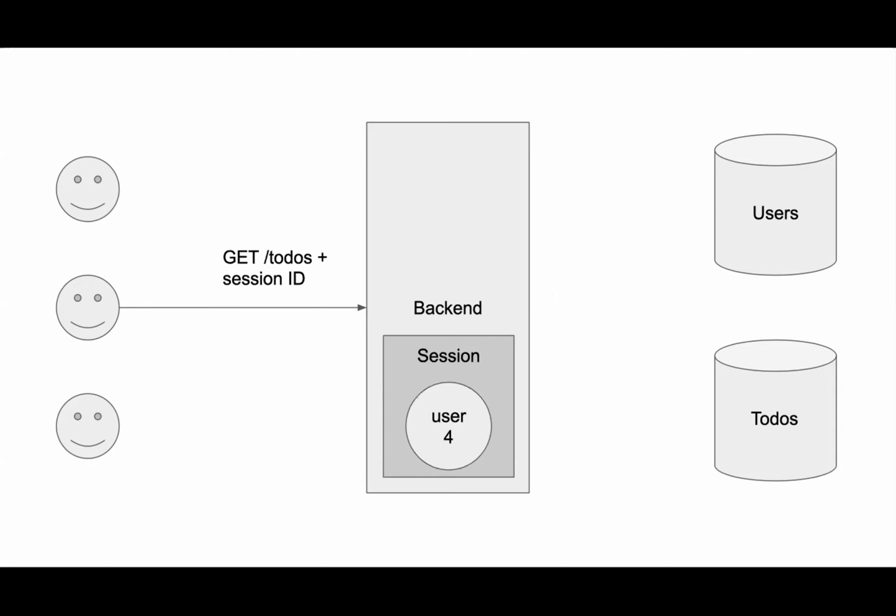The backend server can look up whether there is an existing session with this ID, and which user is associated with that session. Once we find it, we are able to pull the user out of it, grab the user ID, grab all the to-dos from the to-dos table with that user ID, and then return them to the user.